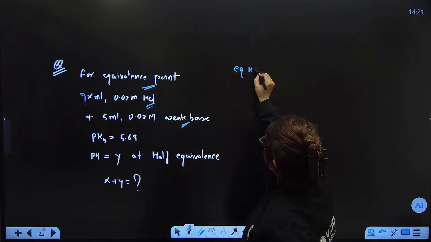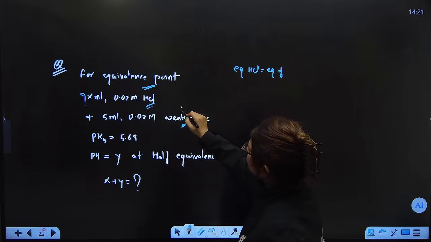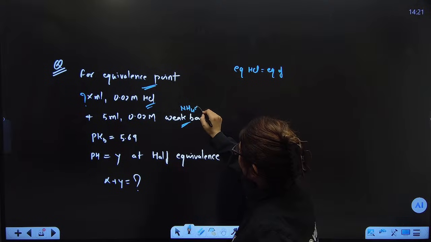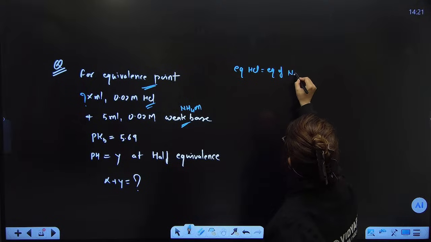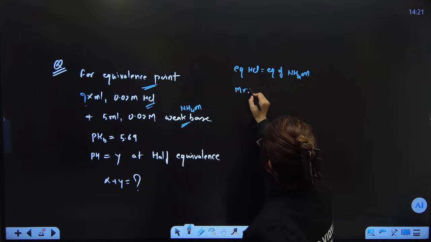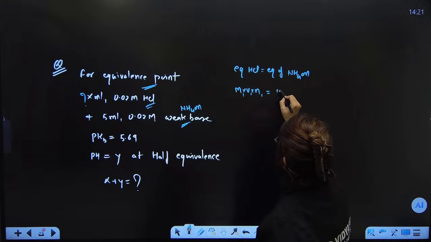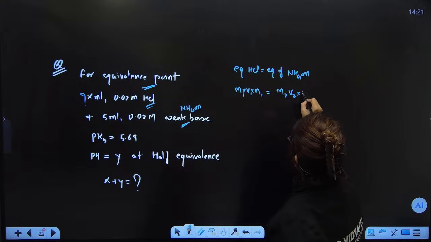Equivalent of HCl would be equal to equivalent of weak base, any weak base. Let me take NH4OH. So I'll apply molarity into volume into N factor equals molarity into volume into N factor.